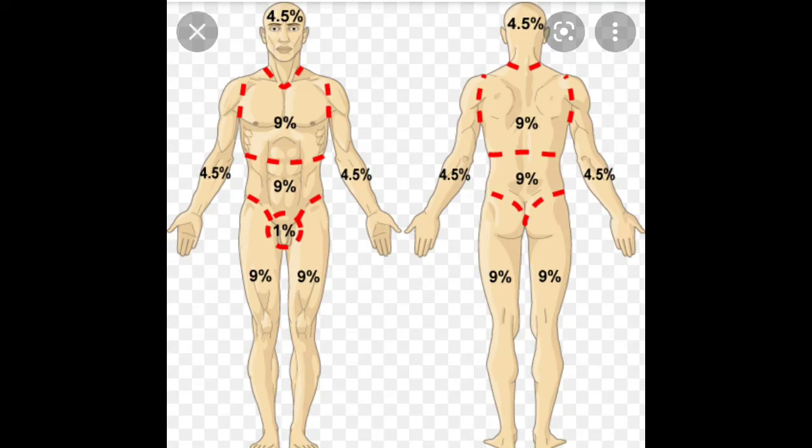Clear? Again we go to the picture of the rule of 9. Front and back of both arms: one arm is 9%, so both arms is 18%. Then anterior trunk, 18%.